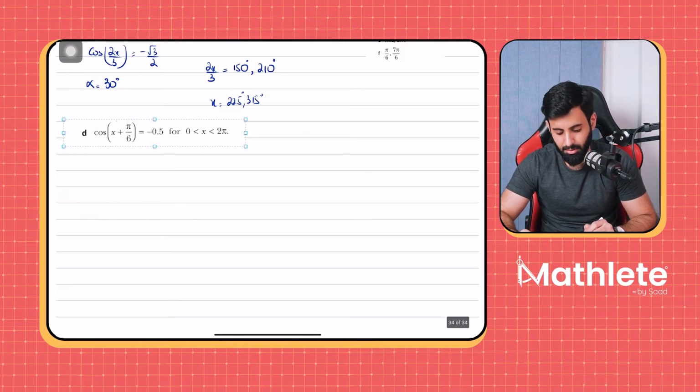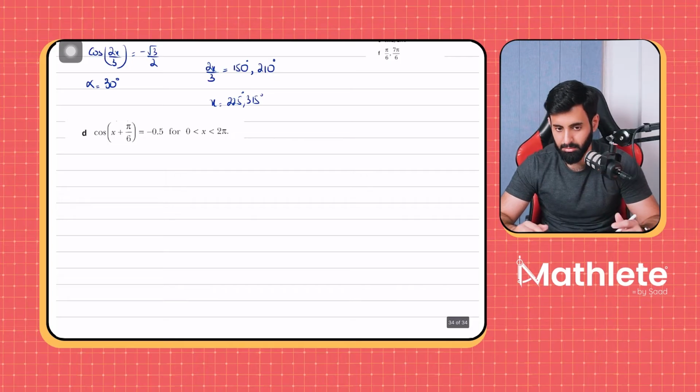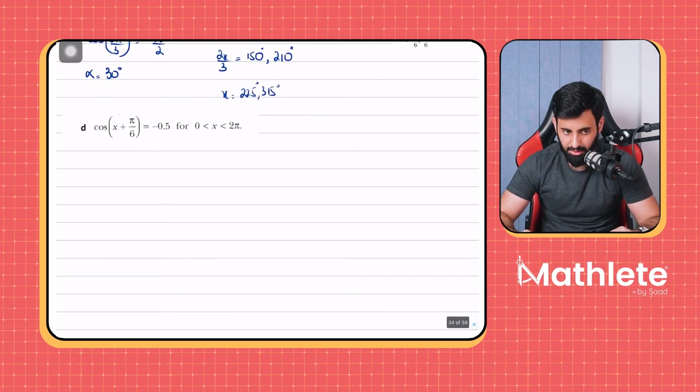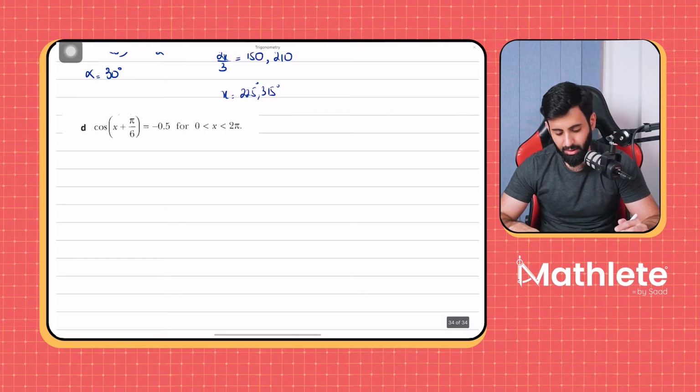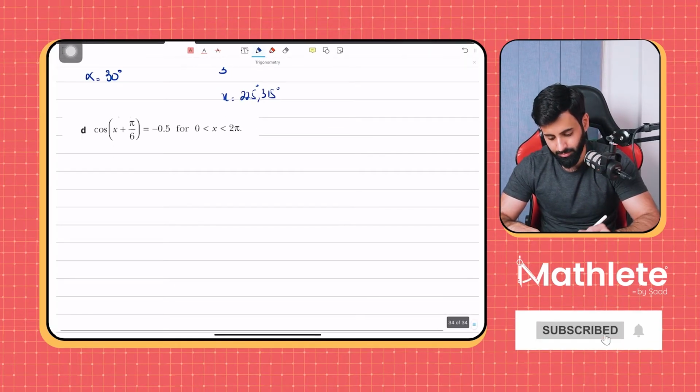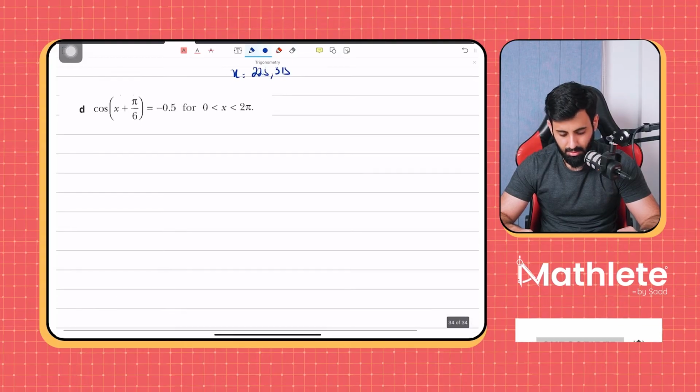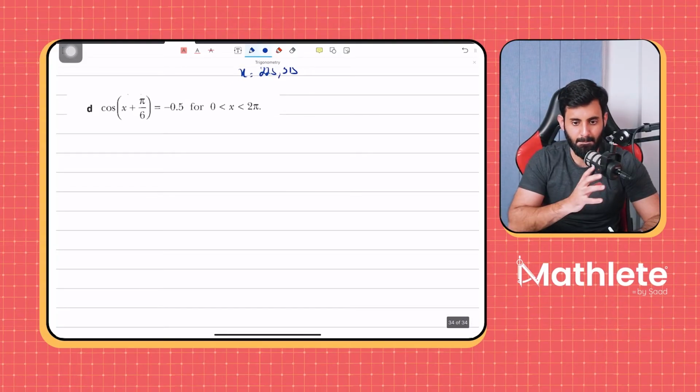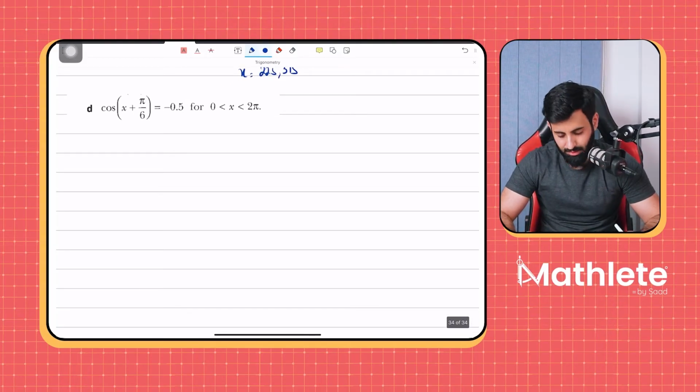Always positive, always acute, and always measured from the horizontal axis. So the reason why you're getting 150 is because you're taking inverse of the negative value. Okay, let's solve this question.